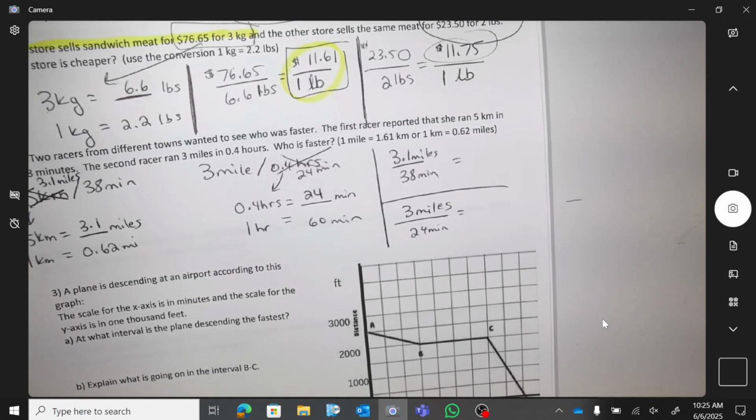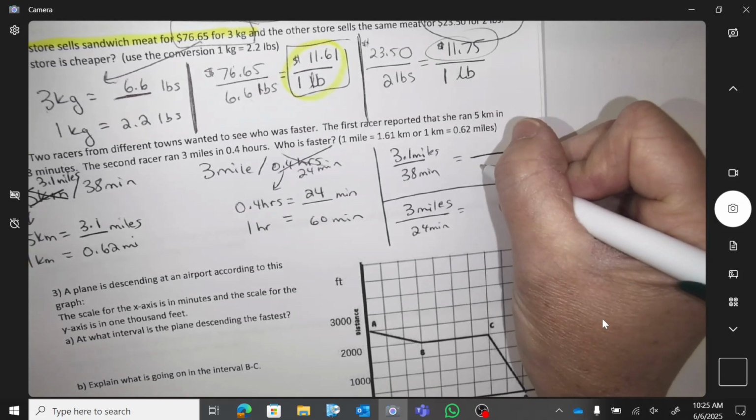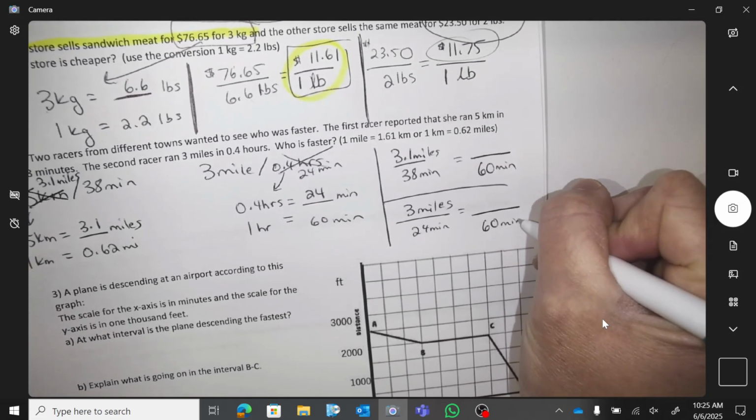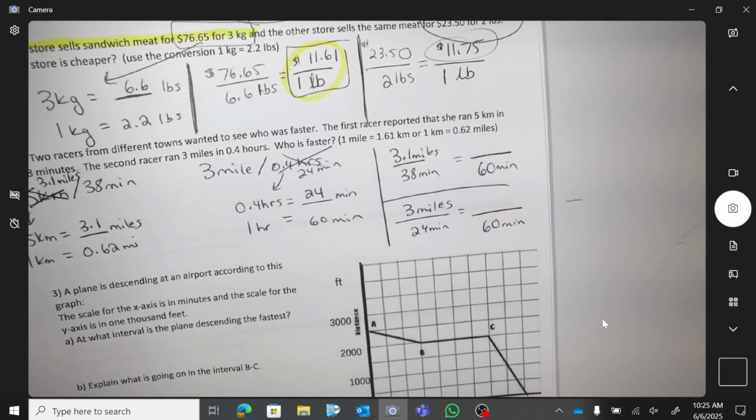Who talks about how much you're going in 1 minute, right? It's going to be a really small number. Would it be okay if we did a comparison of these using each with a 60-minute, like a 1 hour? Would that make a little bit more sense with numbers?